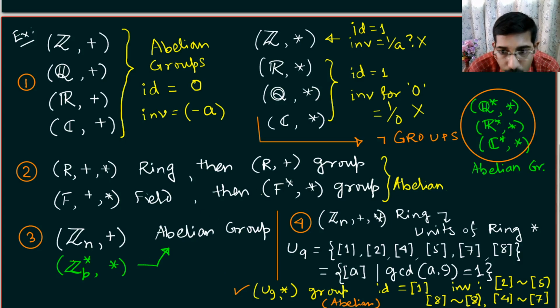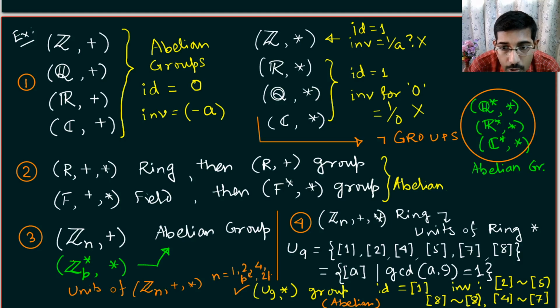And if you are more curious about what kind of units would form a group, in general I could give you the formula: the units of Zn with star will form a group where n is equal to 1, 2, 4, p to the power e, or 2p to the power e. So the units of these rings, where n equals 1, 2, 4, p to the power e and 2p to the power e, will form a group.